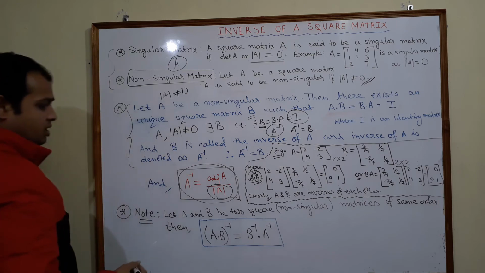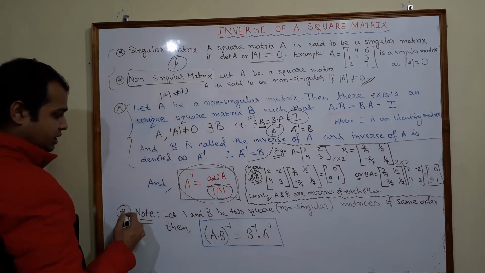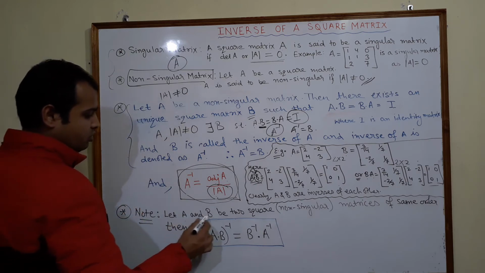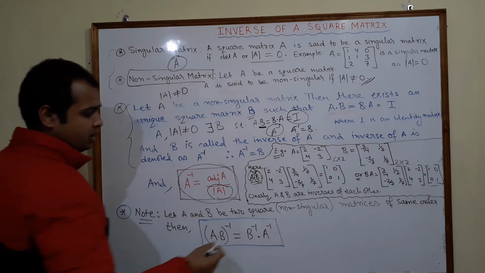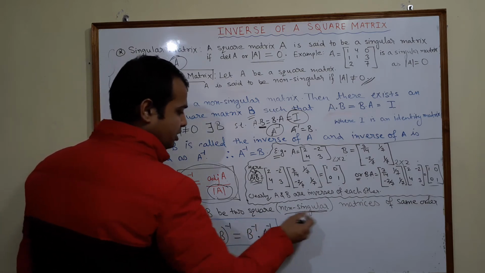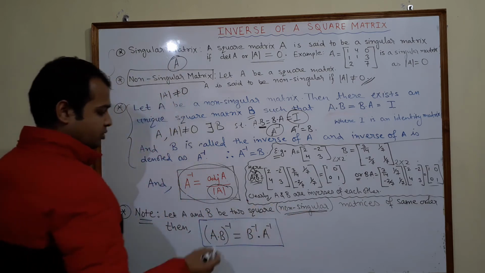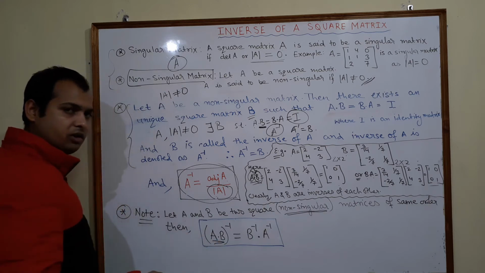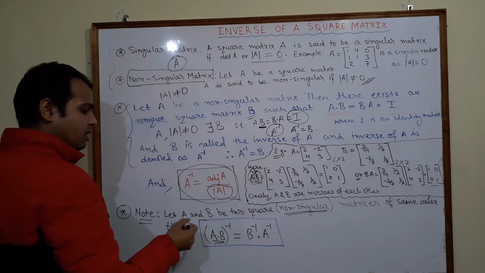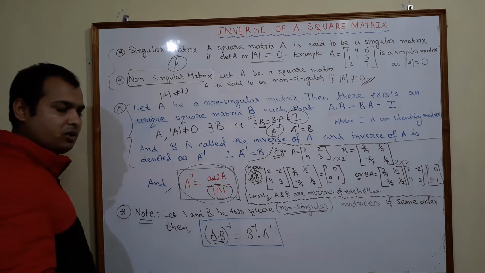Now the next thing you should remember is, suppose you have two matrices and they are non-singular. Then their product will also be non-singular.